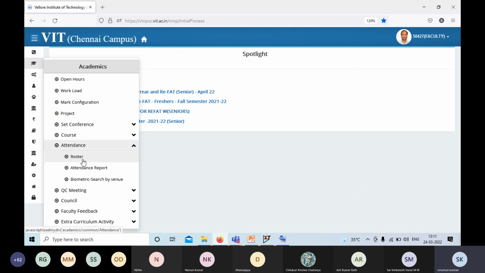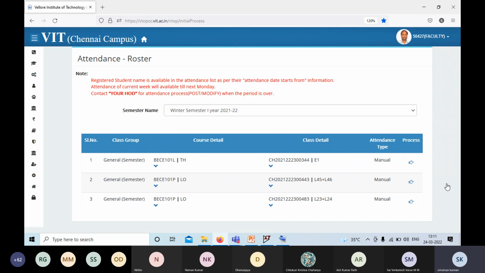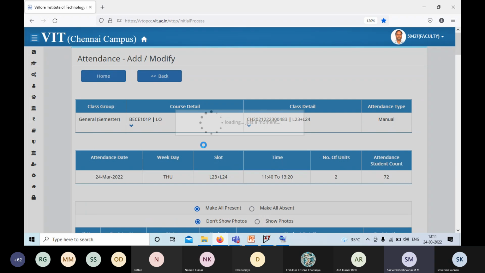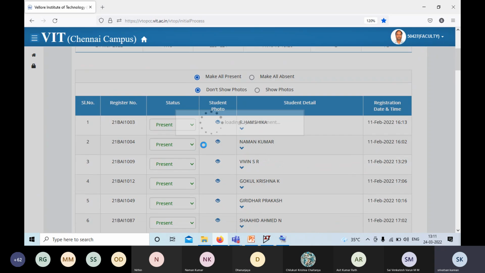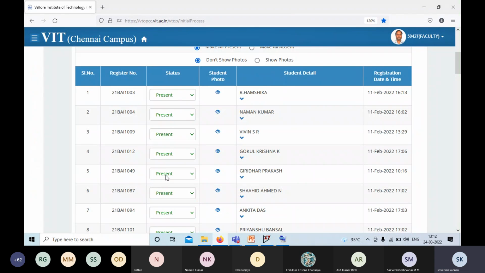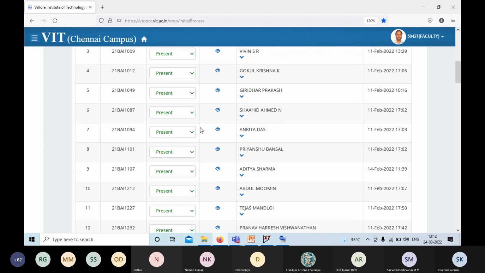All of you give your attendance. Please get back to L23, right? Yes, sir. Amsika, Present, sir. Naman Kumar, Yes, sir. Vivin, Yes, sir. Gokul Krishna, Present, sir. Giridhar Prakash, Present, sir.